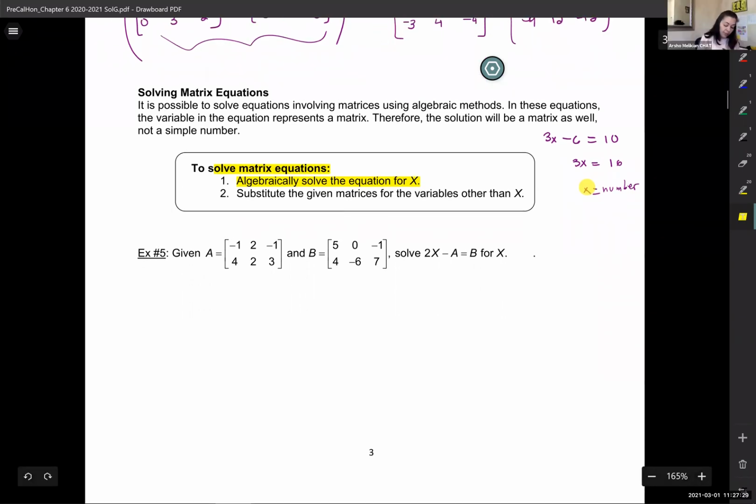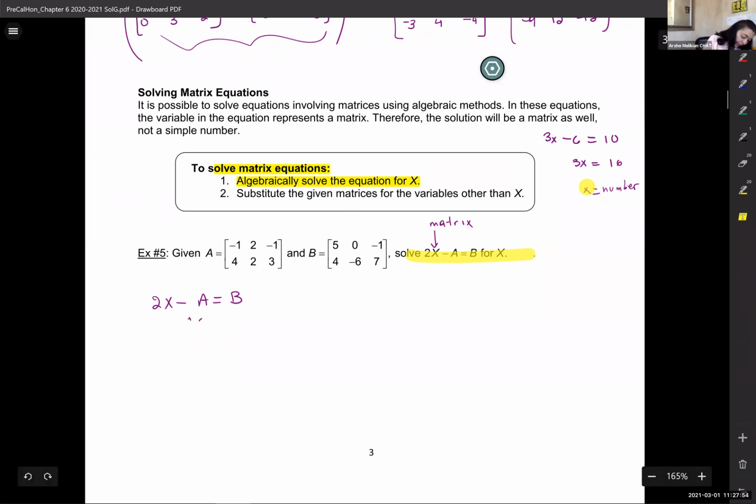So look at what we have here. I have matrix A, matrix B, and I need to solve this. This is not a typo. That X is a capital X, and it stands for a matrix. So all I do is I write down my equation and solve for x.